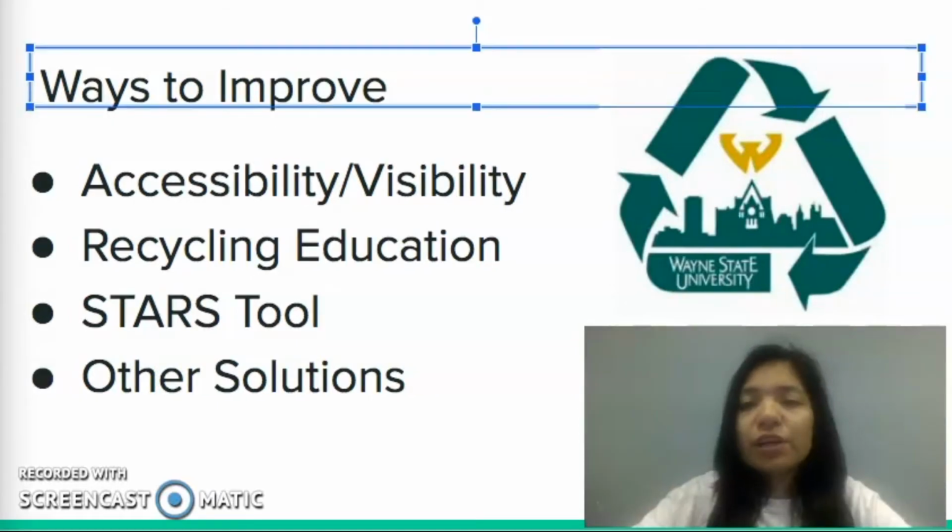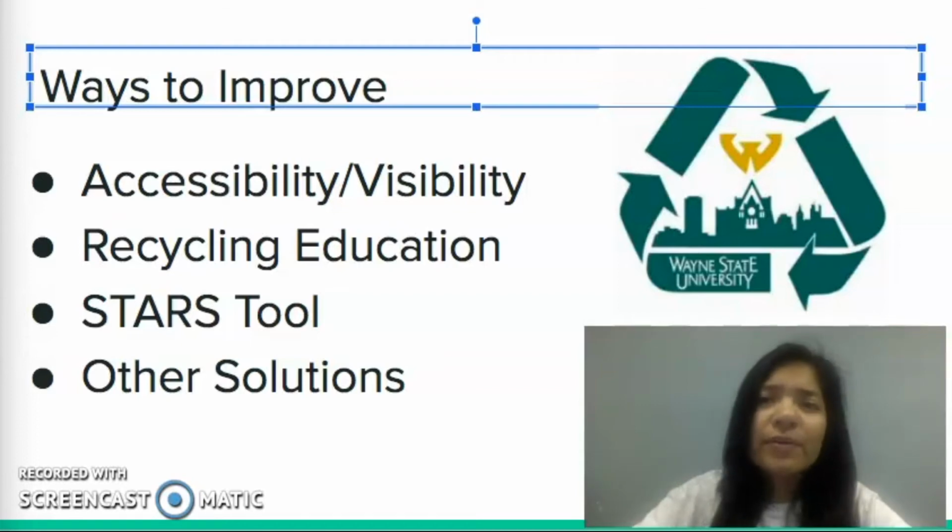So first I want to talk about accessibility and visibility here at Wayne State University. Our peers have mentioned that we haven't really been able to fully establish a recycling program here at Wayne State. A lot of people are unaware of where the recycling bins are at, and so we want to standardize what this means.